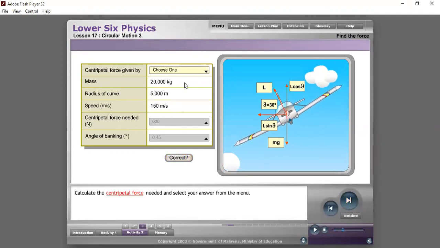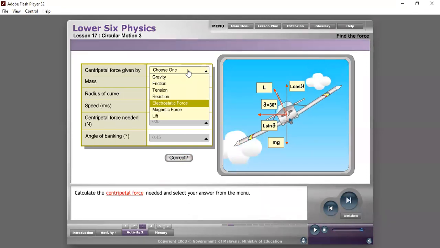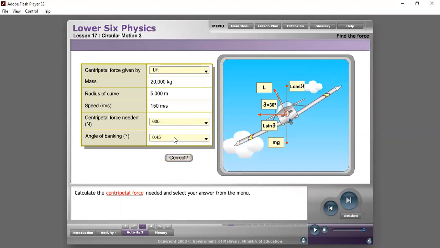Calculate the centripetal force needed and select your answer from the menu. So here the centripetal force will be the lift force. The centripetal force comes from the lift force. So now the radius.